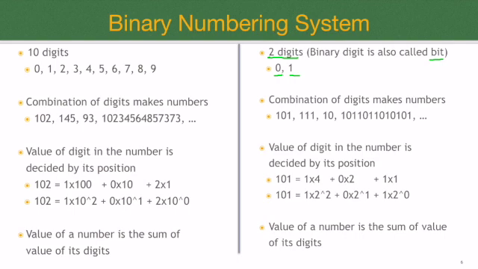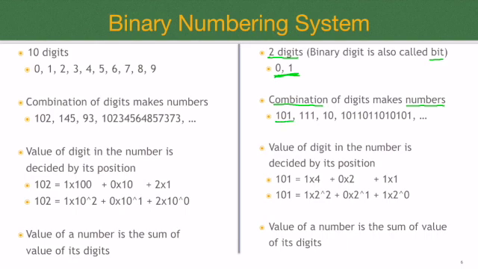Similar to decimal numbering system, in the binary numbering system, we create the numbers by combining the digits of the binary numbering system. Because there are two digits of 0 and 1, therefore the numbers of binary numbering system will be a combination of zeros and ones. For example, 1, 0, 1.